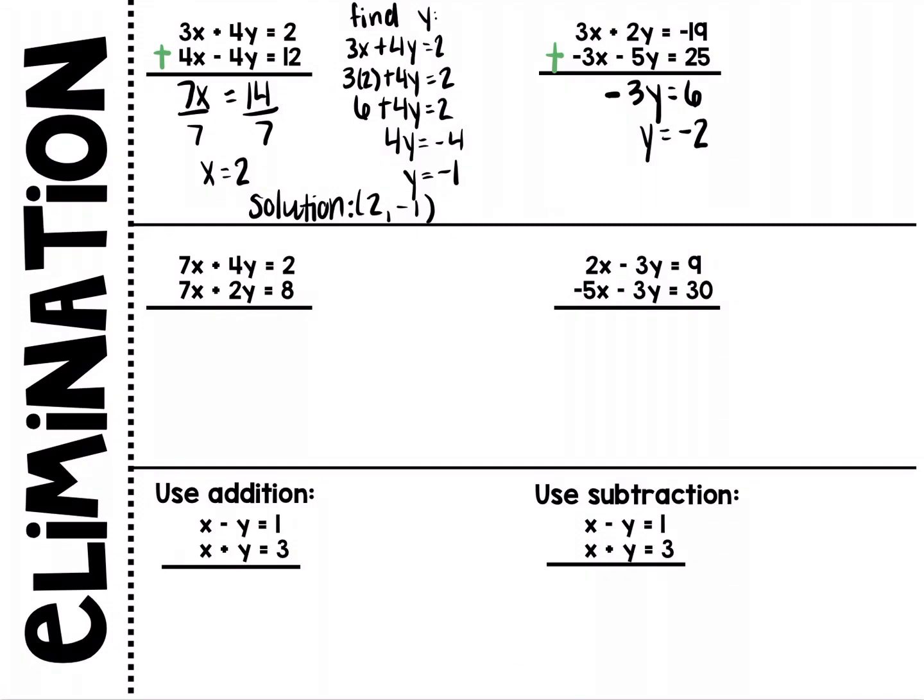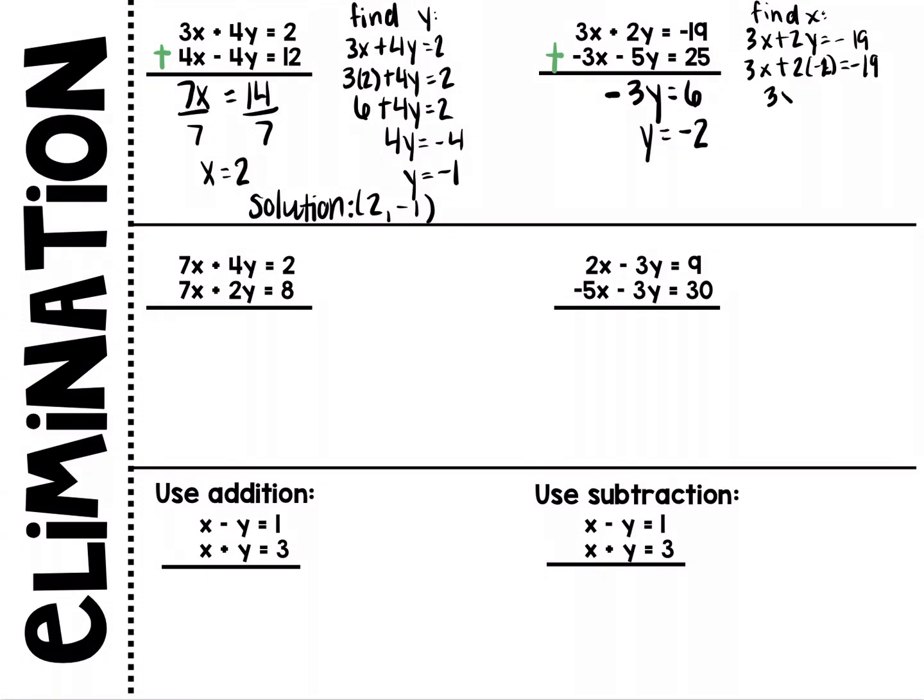Once you find y, you have to find x. You're going to use one of the equations, plug in your y, and solve for x. So 3x plus 2y equals negative 19. Since y is negative 2, I have 3x plus 2 times negative 2 equals negative 19.